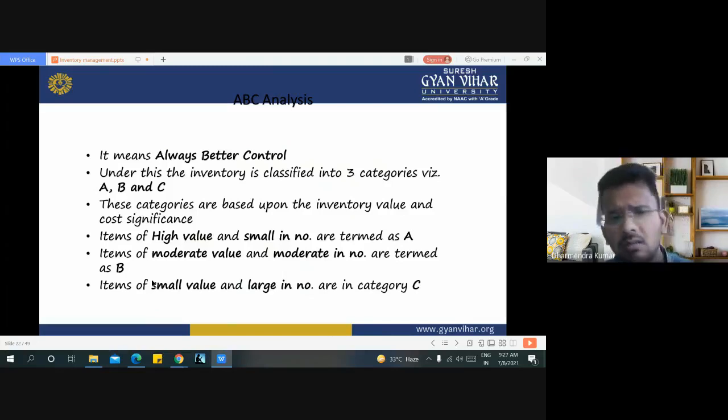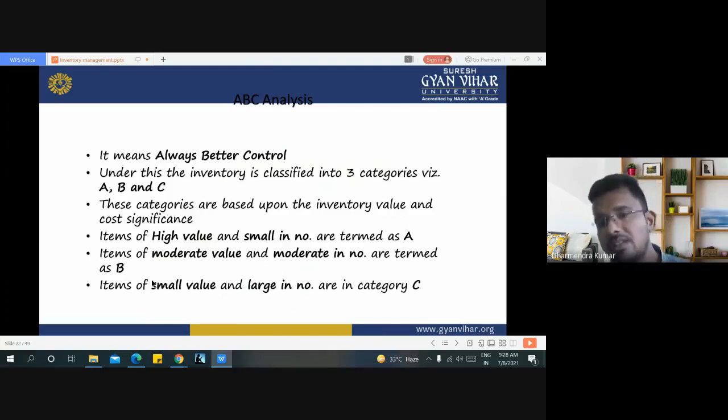Items of small value and large in number are in category C. Here the small value represents the inventory cost, meaning category C consumes less inventory cost, but the large volume and large number of items are kept in category C.